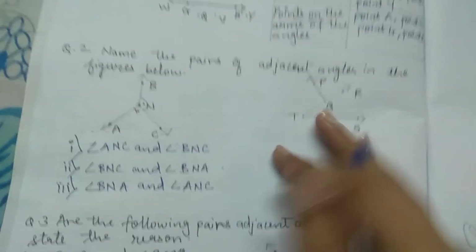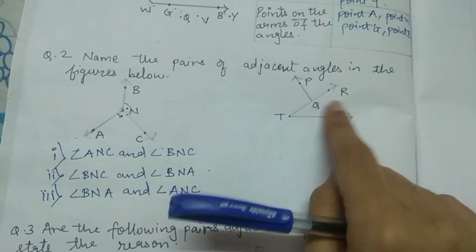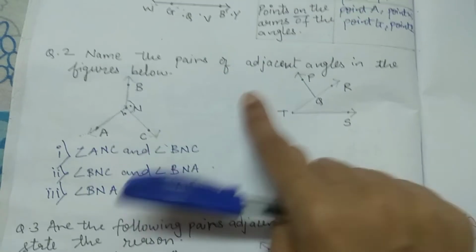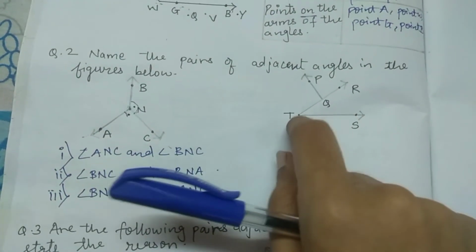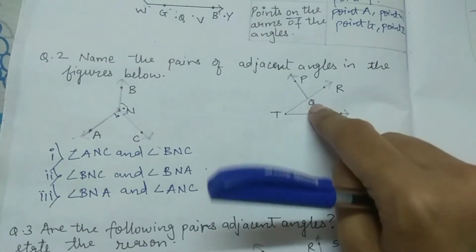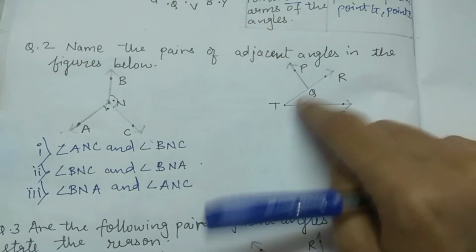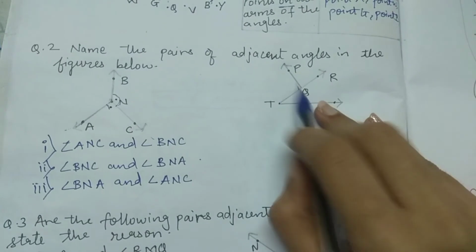Now let's see here. By looking at the figure, RTS is only one angle. There is no other angle, no common vertex at T for another angle. So let us see this one, PQR and PQT. Common vertex is Q, then QR and QT are the other arms, and QP is the common arm.